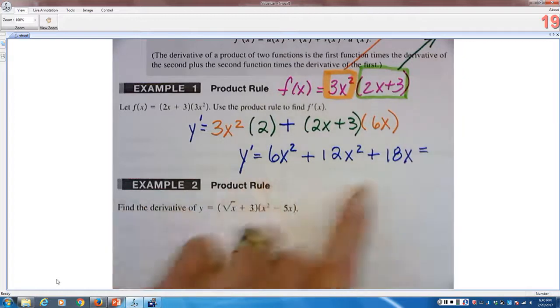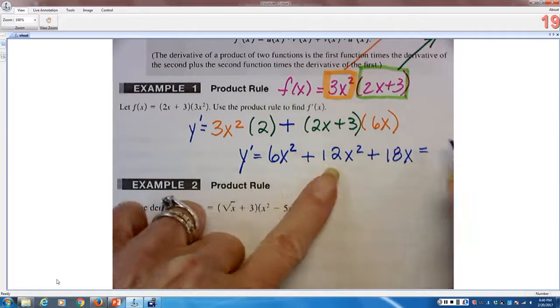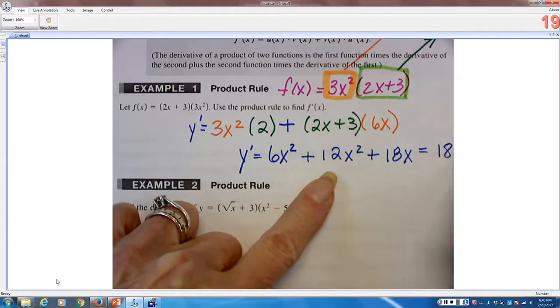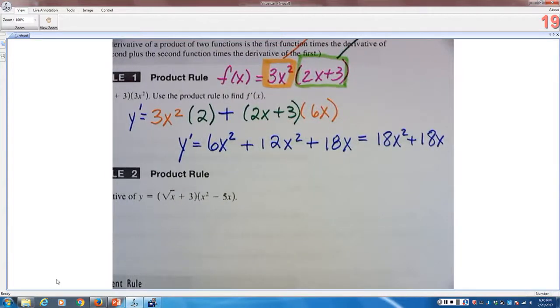And since this one is relatively simple, you might want to combine those first two terms. 6 plus 12 is 18x squared plus 18x. Does anybody have any questions on those?